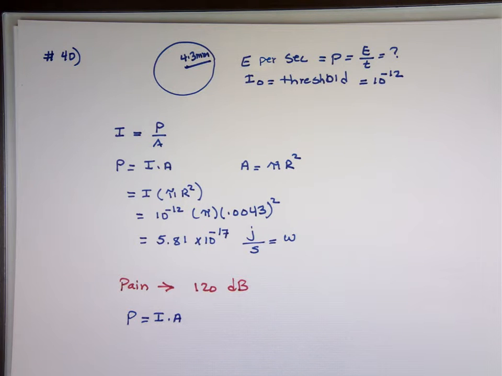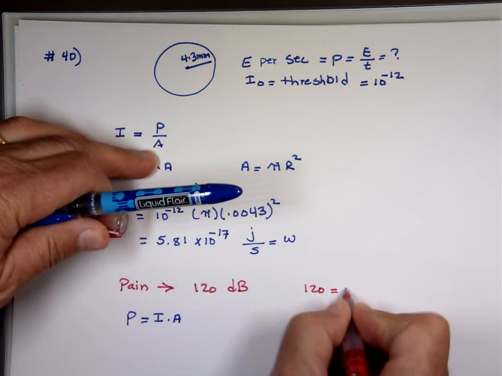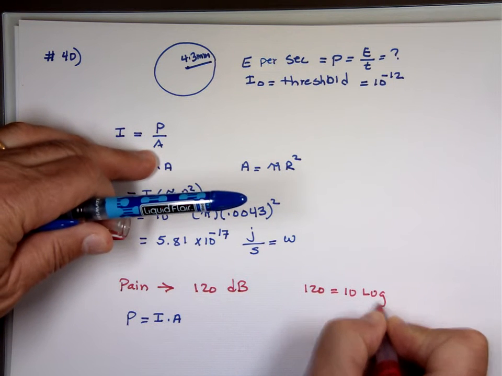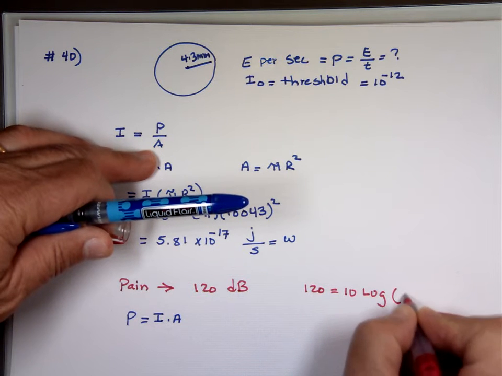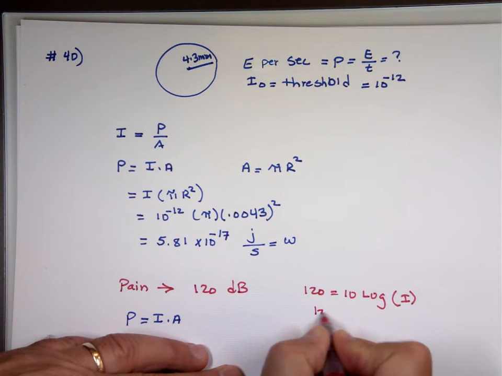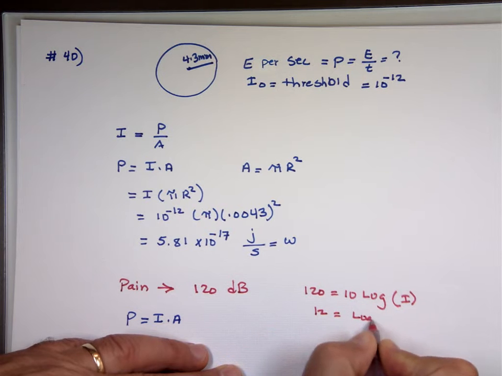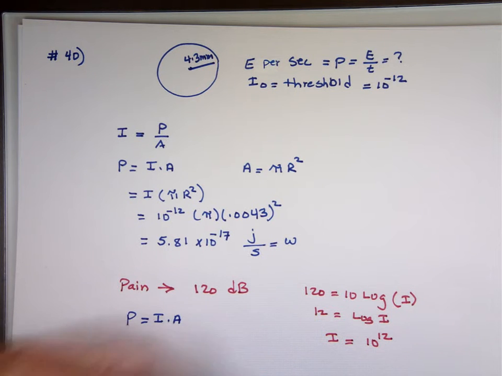So 120 is 10 log of I. If you divide by 10, you have 12 equals log I. To get I, you take the inverse log, which is 10 to the power of 12.